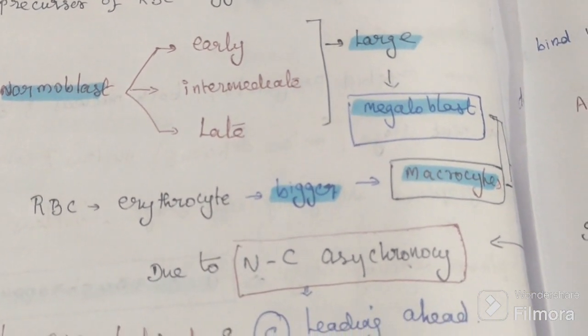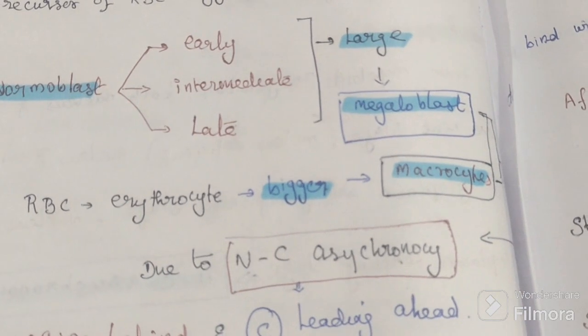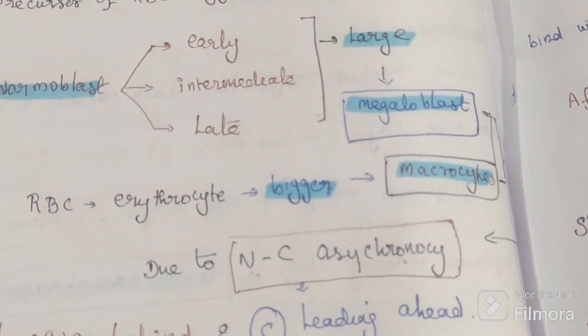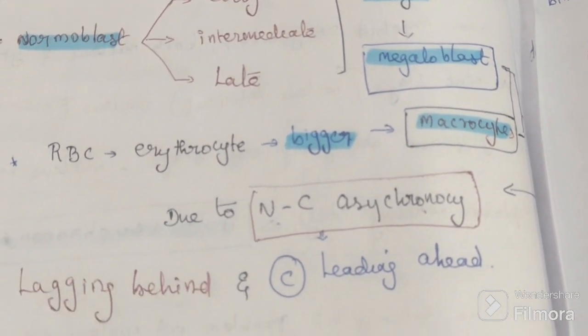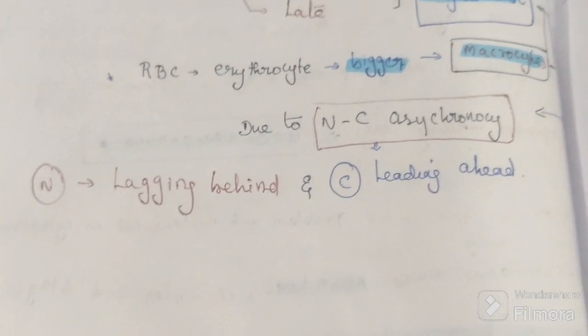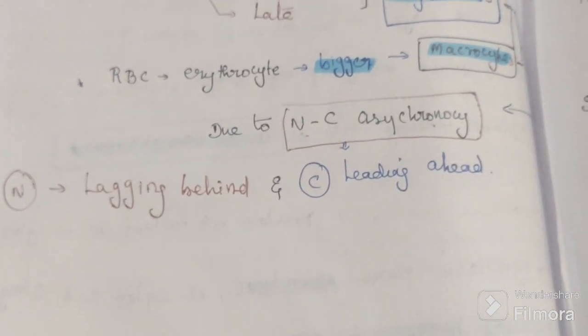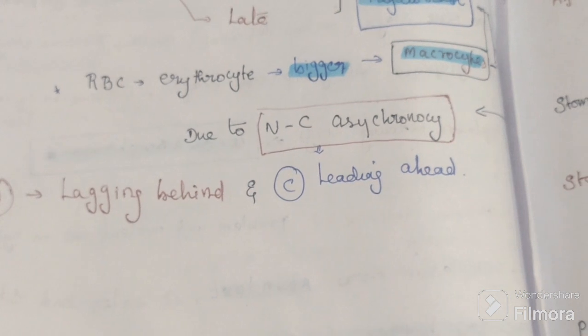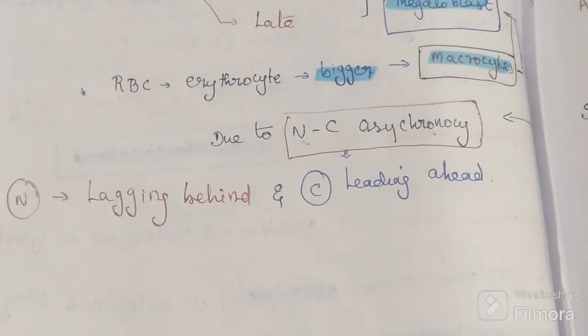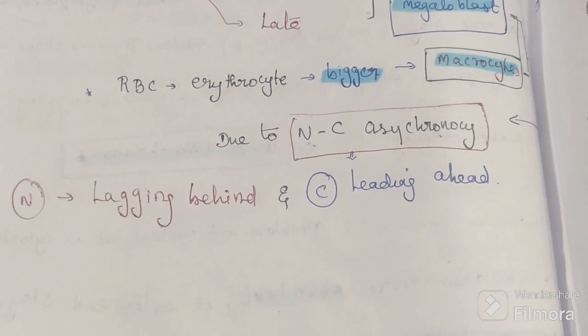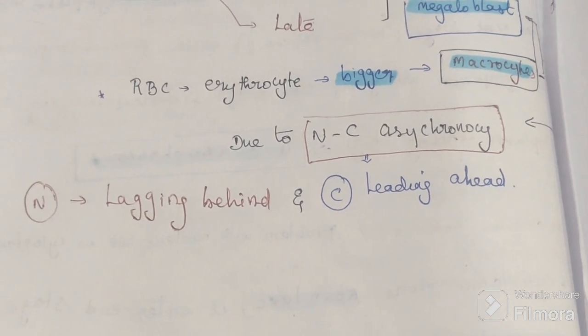RBC is also bigger in size, so we call it macrocyte. Inside bone marrow we can see megaloblasts, and inside peripheral smear we have macrocytes.